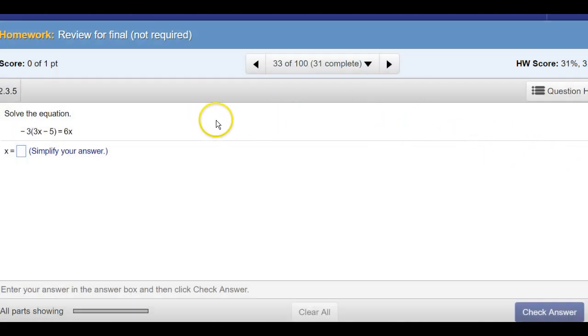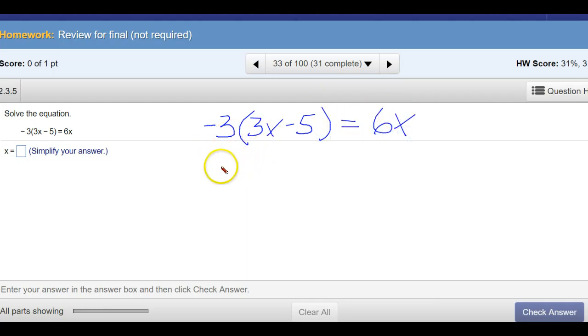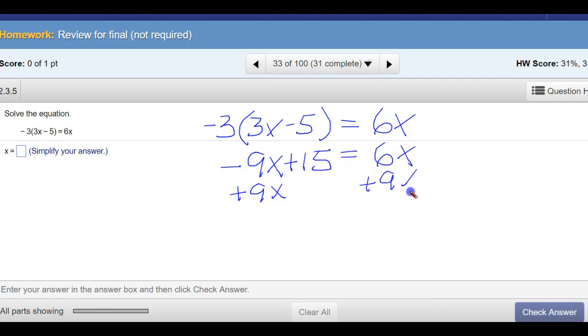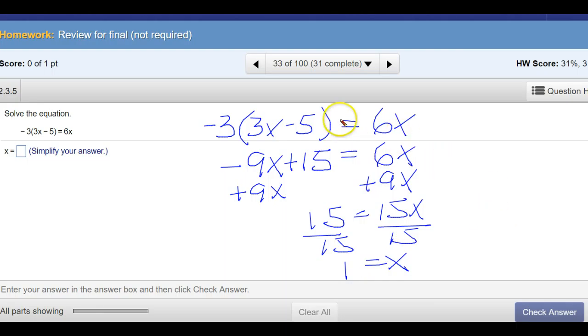Okay, let's just do these. Again, if I just talk it through, it just takes up a little more time, but x is 1 here.